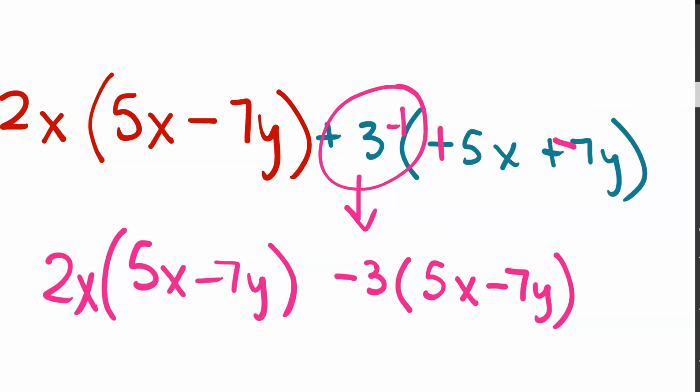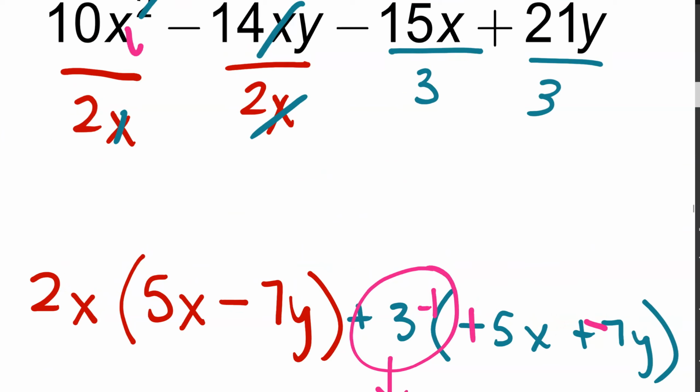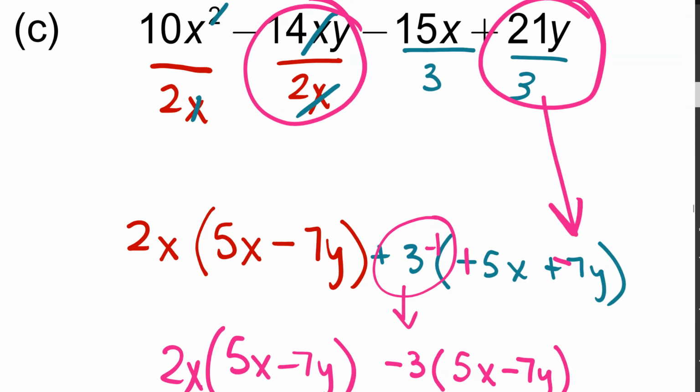Why isn't it 2xy though? Because there's no y in this term. And also in the parentheses, it's also like that. Yeah, because it comes from this guy right here. This y comes from here.